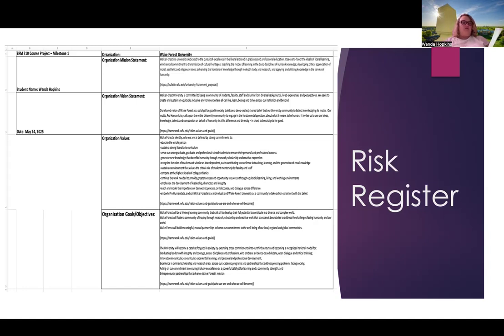Also, Wake Forest will build meaningful mutual partnerships to honor our commitment to the well-being of our local, regional, and global communities. Using the risk register, I consider risks at Wake Forest University as it relates to financial, legal, reputational, and operational risks.